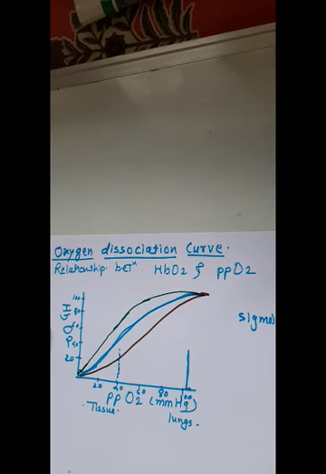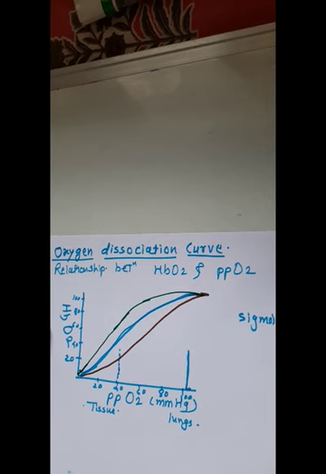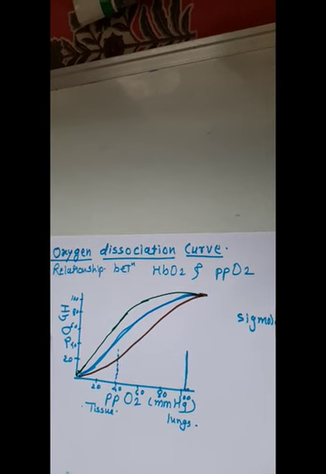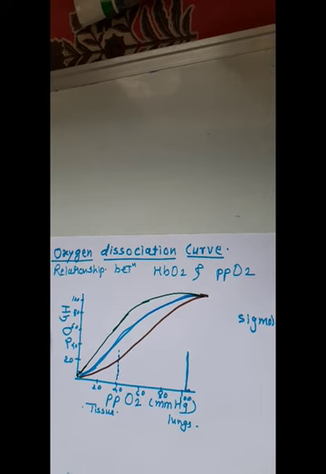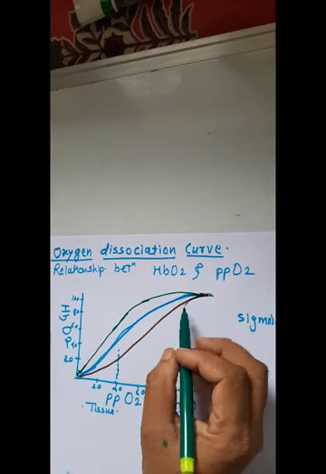That is, when the CO2 concentration changes, the oxyhemoglobin dissociation curve gets shifted. It depends upon the CO2 concentration.